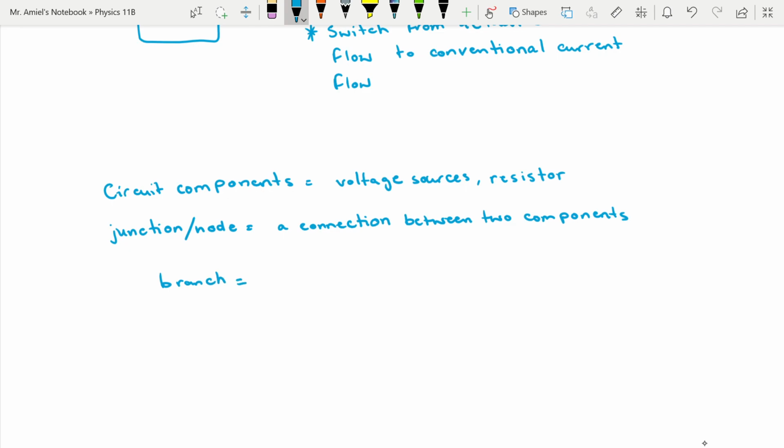And a branch is just going to equal something that connects nodes. So it's going to connect two nodes, and this will be the same as the number of components.